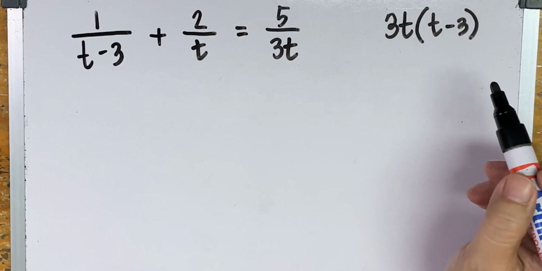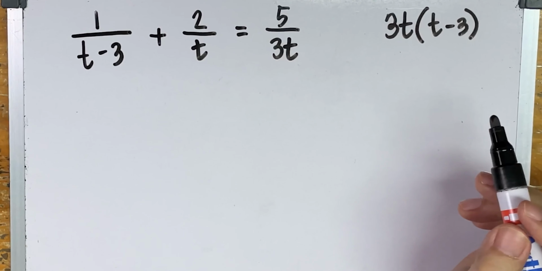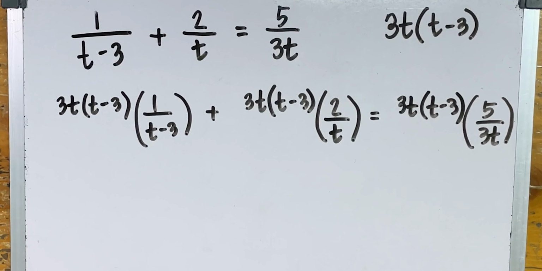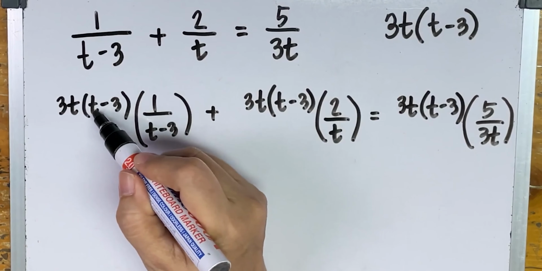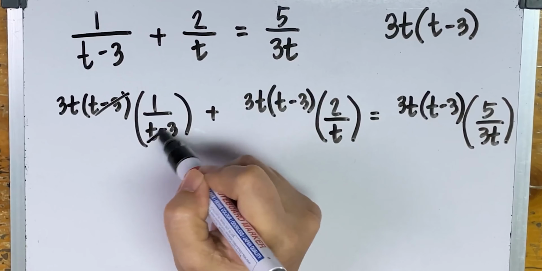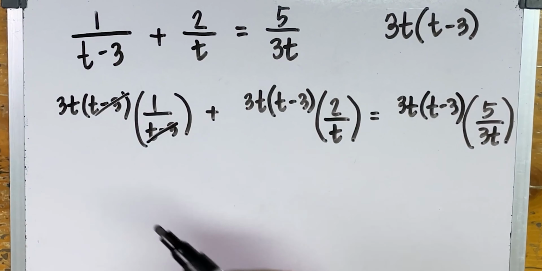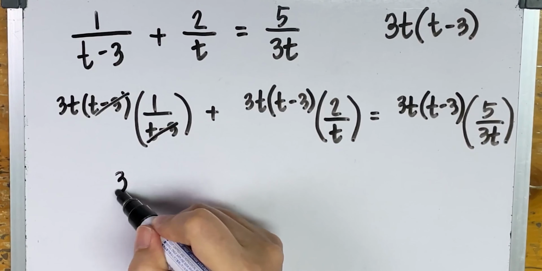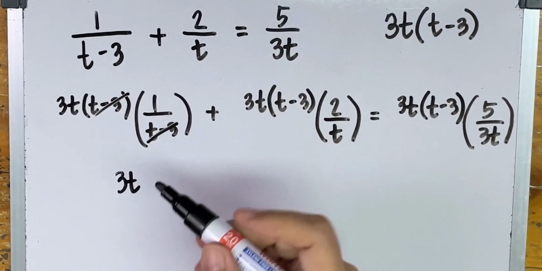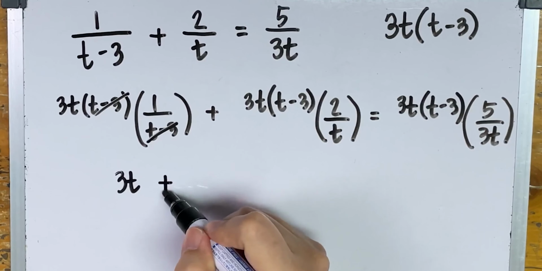Remember, our goal is to eliminate the denominator. So if we multiply each of the terms by the LCD, look what happens. t − 3 cancels with t − 3 in the bottom, leaving us with just 3t. Times 1, simply 3t.